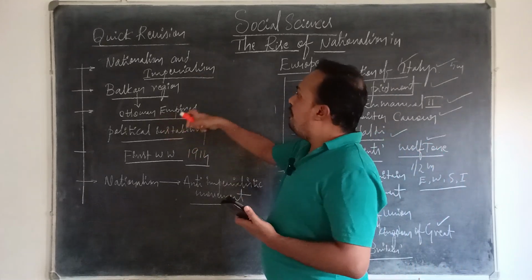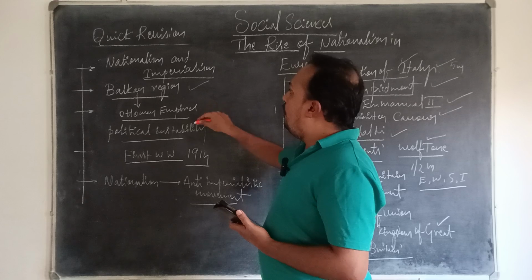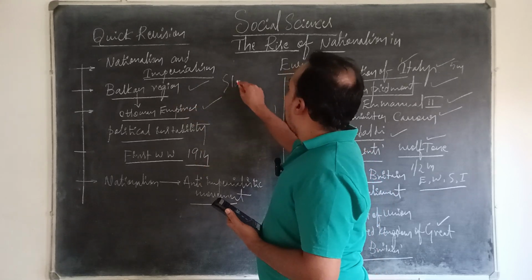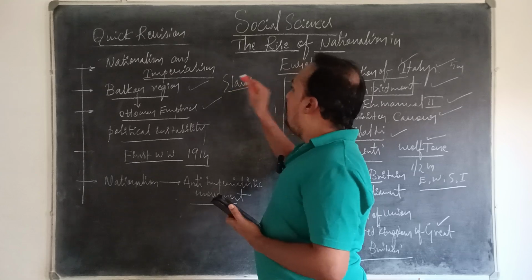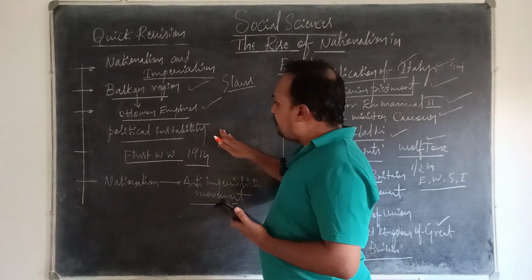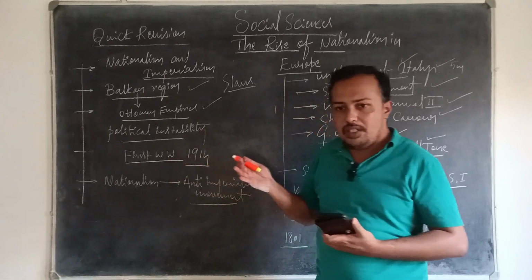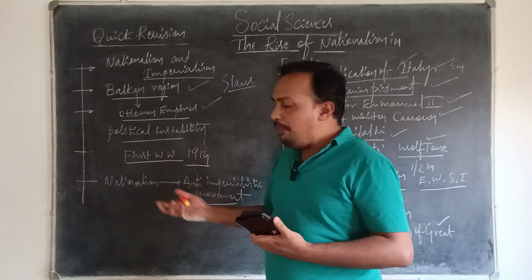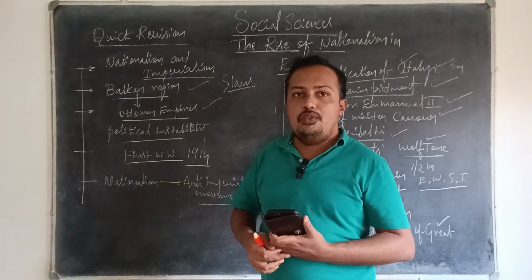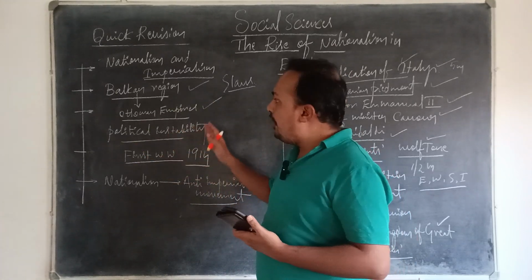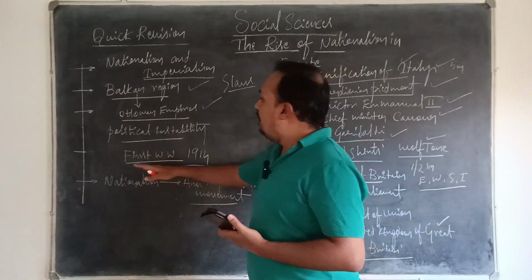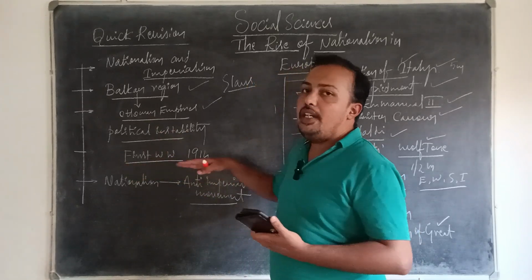You need to know about the Balkan region, and who was ruling it at the time: the Ottoman Empire. Slavs is a very important term. The inhabitants of the Balkan regions were commonly known as Slavs. Why was there political instability? Due to the fall of the Ottoman Empire, and as the European powers fell into a race to establish their imperialistic policy over the Balkan region, it ended with the beginning of the First World War in 1914.